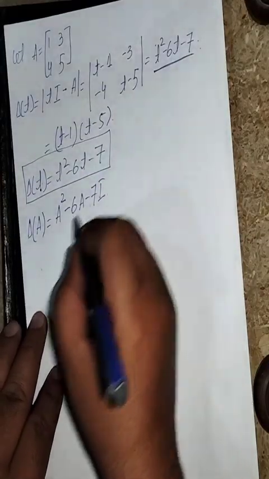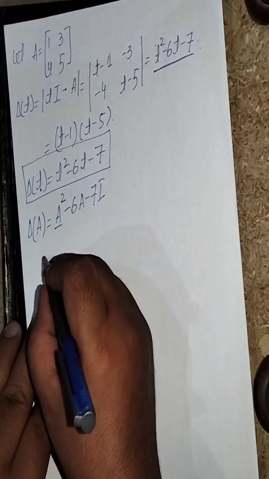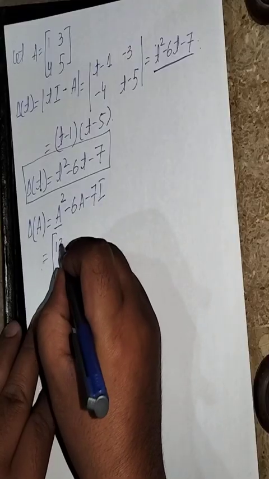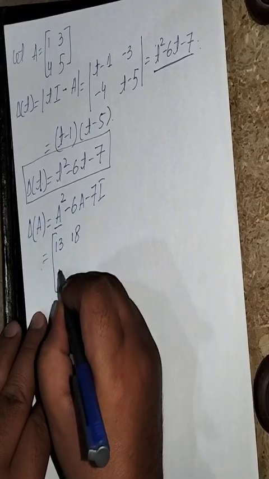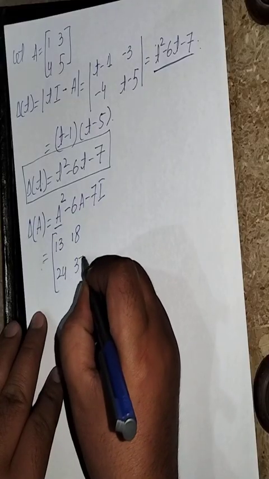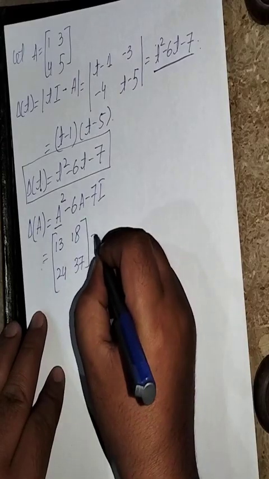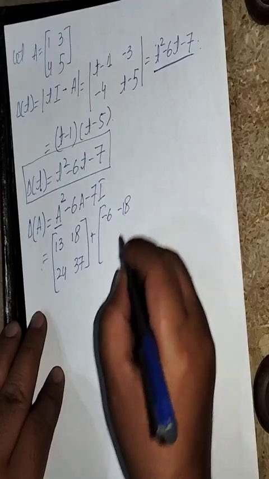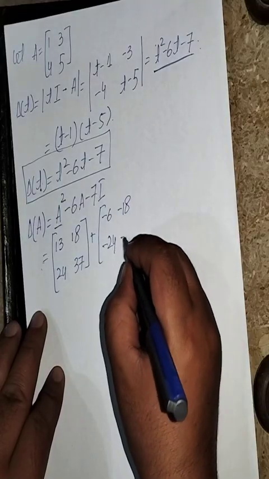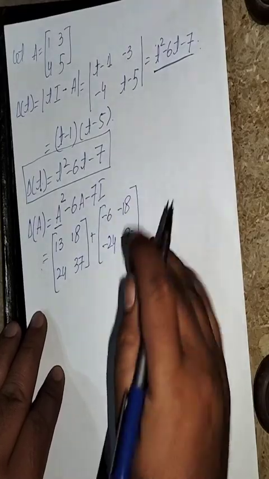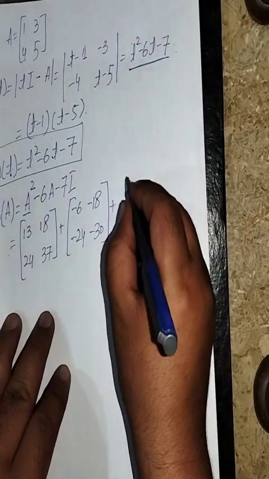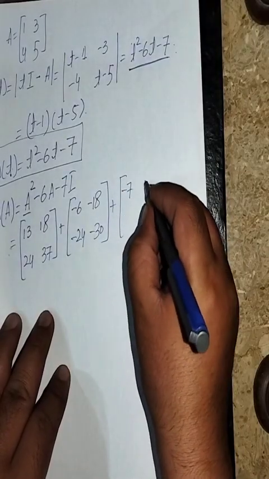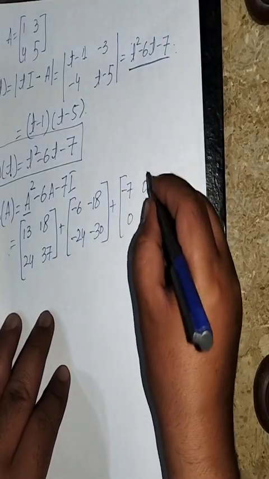This will be: calculate A square, which will be [13, 18; 24, 37], plus [minus 6, minus 18; minus 24, minus 30], plus [minus 7, 0; 0, minus 7].